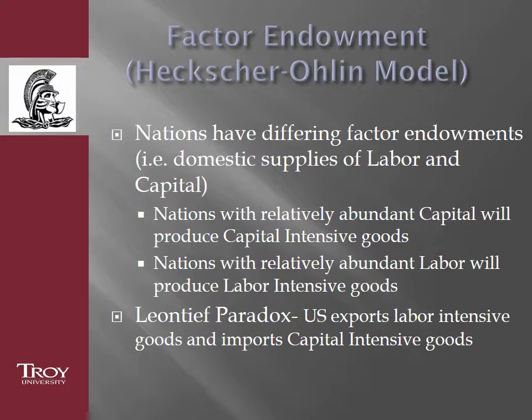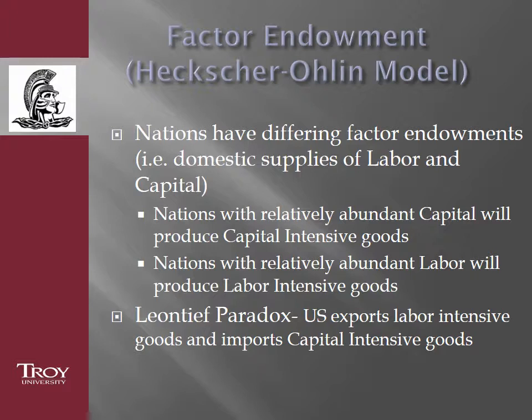In this one, we assume that nations have differing factor endowments, and we have 2 factors here, labor and capital. And so the idea is that there may be some goods that require relatively more capital than labor to produce. So these are capital-intensive goods. And there may be some goods that require more labor than capital, and these are labor-intensive goods.